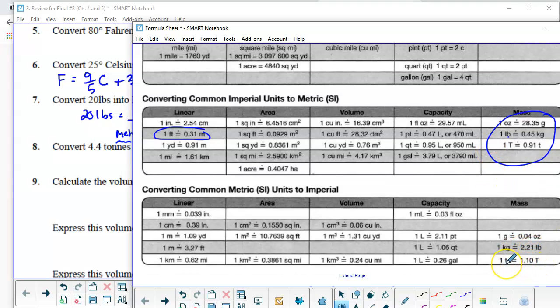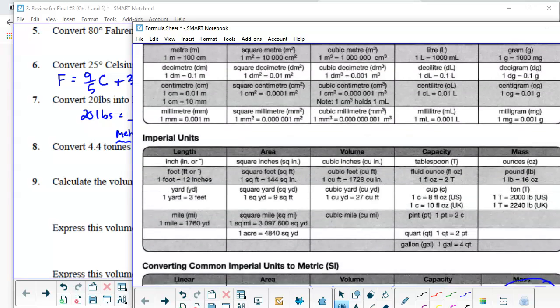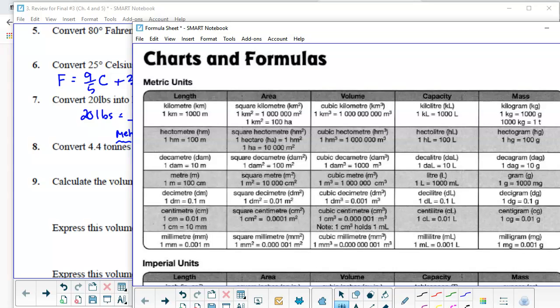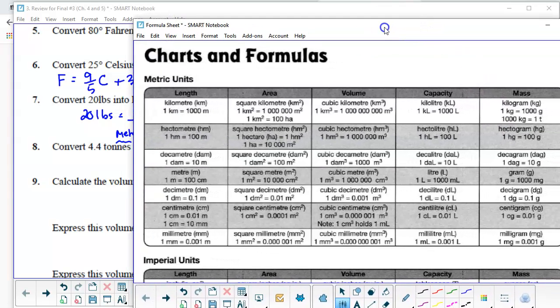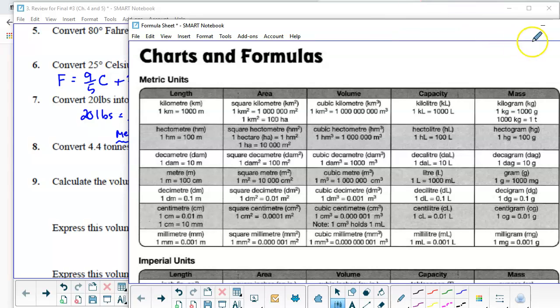So here, metric ton, so it doesn't go directly into pounds, but it does go into imperial tons. Or we could convert back in the metric column. We are told that 1 ton is 1,000 kilograms. So then we could convert from kilograms to pounds. That would probably be easier because multiplying by 1,000 is pretty easy.